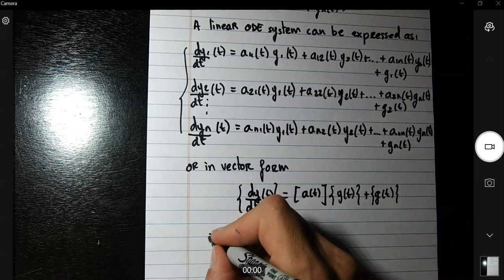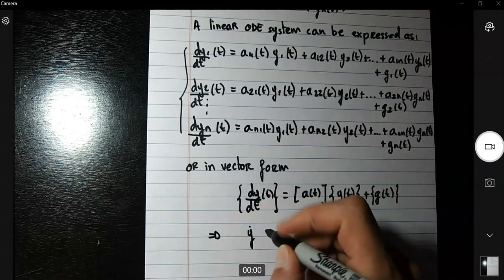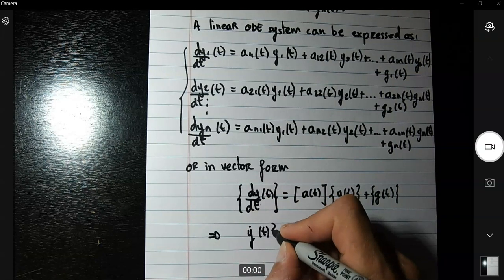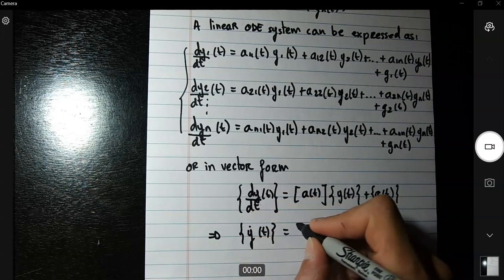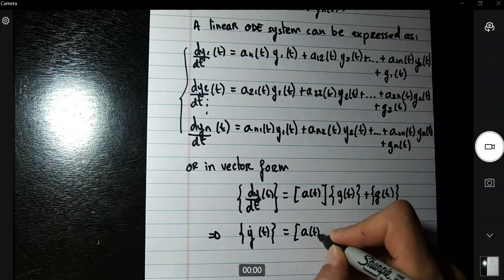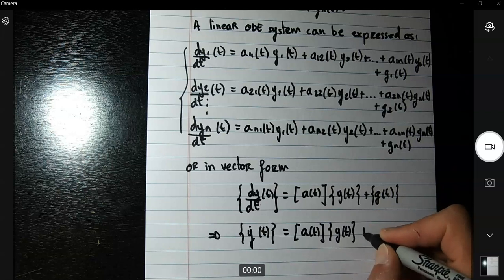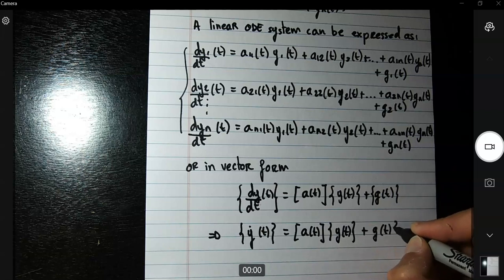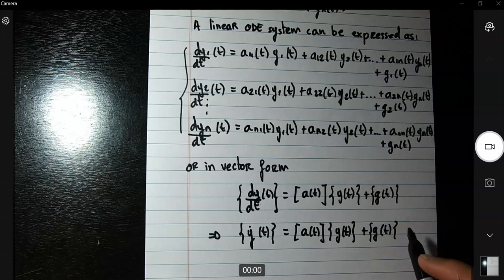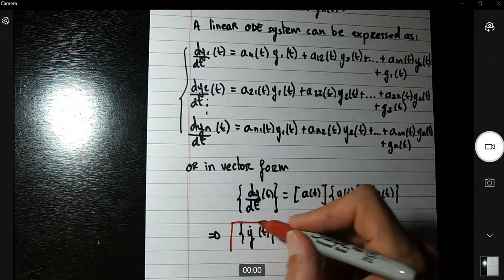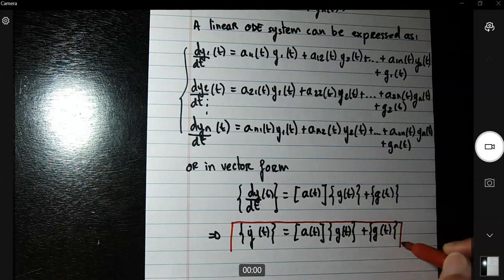Or in a more compact way, we can say y dot of t equals A of t y of t plus g of t, where the brackets mean a vector. So this will be the general form of the system of linear ODEs.